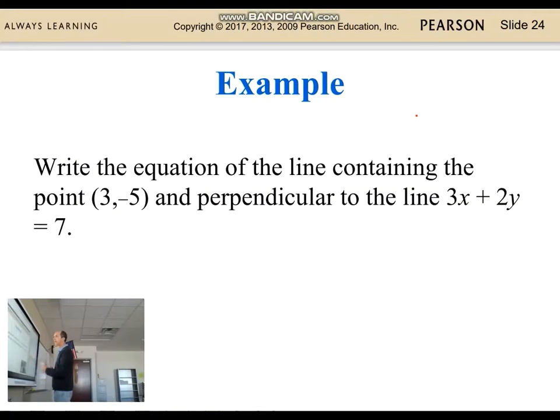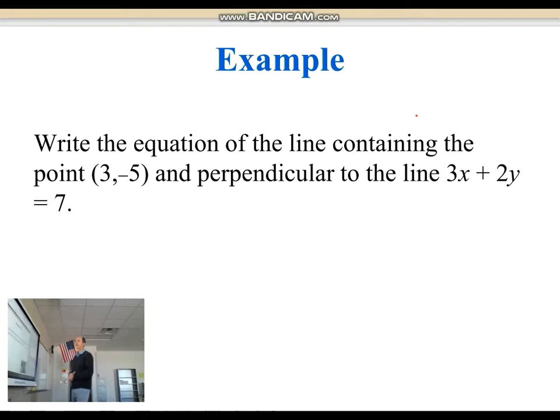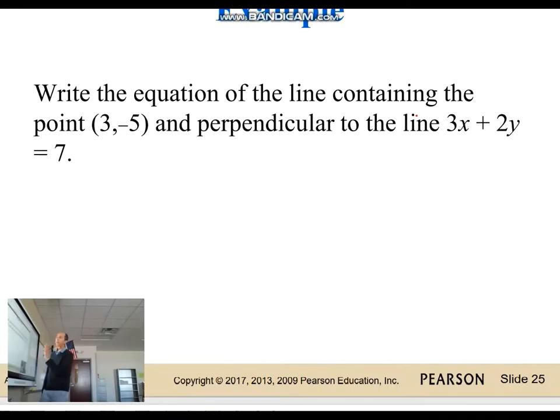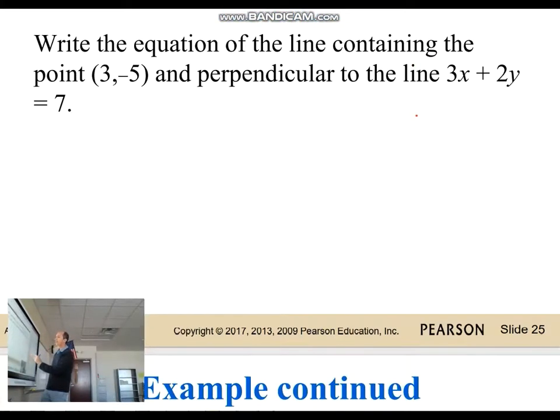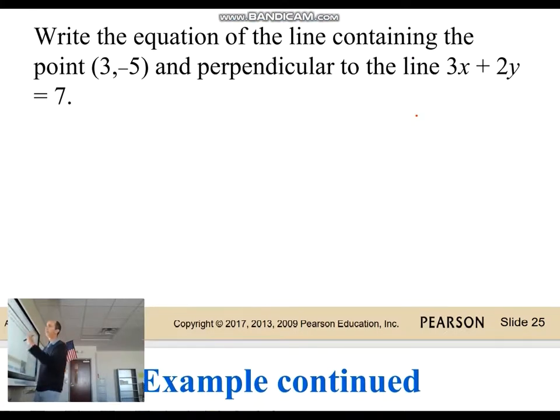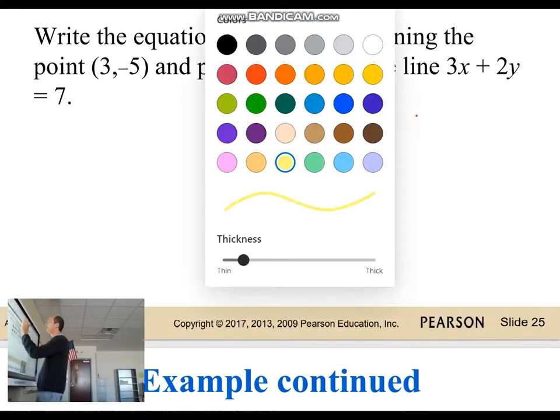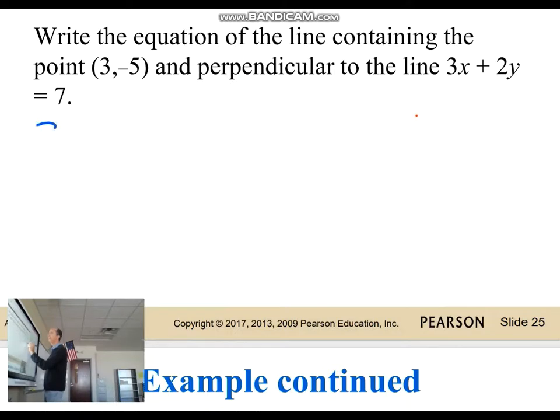Next example. Write the equation of the line containing the point x equals 3, y equals negative 5, and perpendicular to the line 3x plus 2y equals 7. Well, we have to find again the slope, and we have 3x plus 2y equals 7.